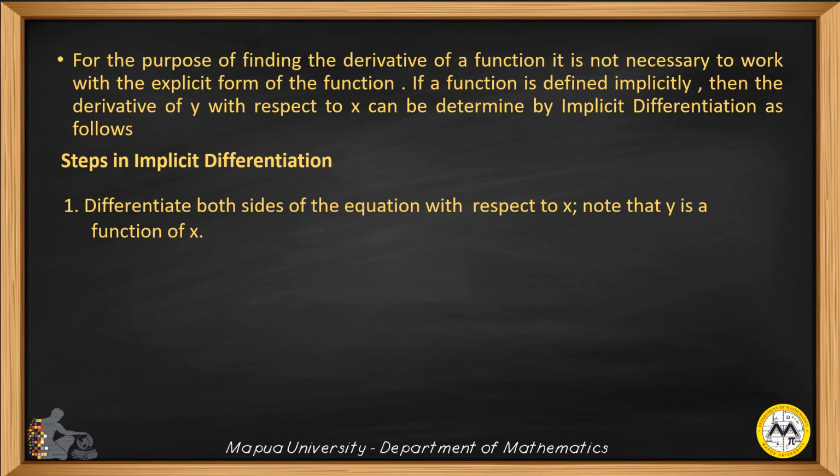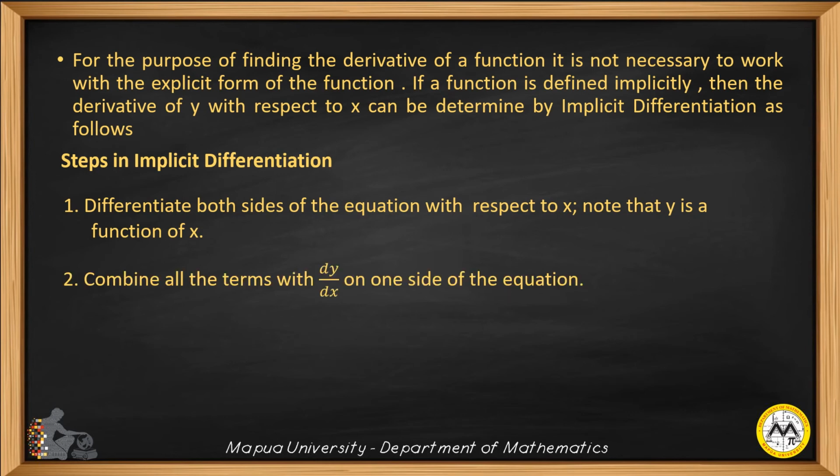First is to differentiate both sides of the equation with respect to x. When we do this, we have to take note that y is a function of x. Then we combine all the terms with dy/dx on one side of the equation for the purpose of solving dy/dx.